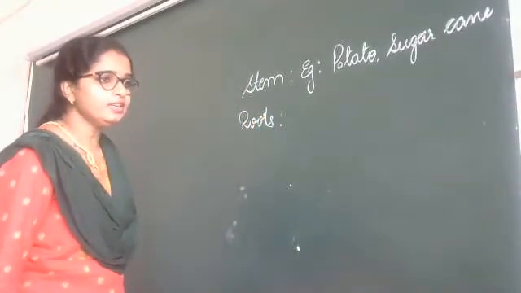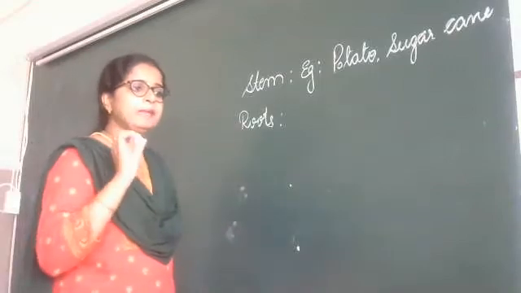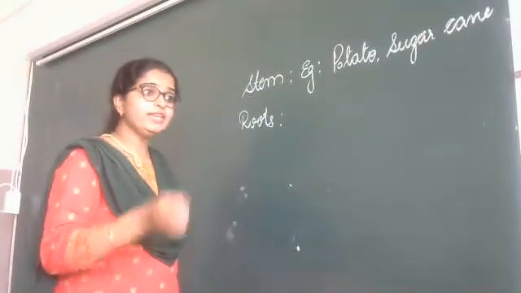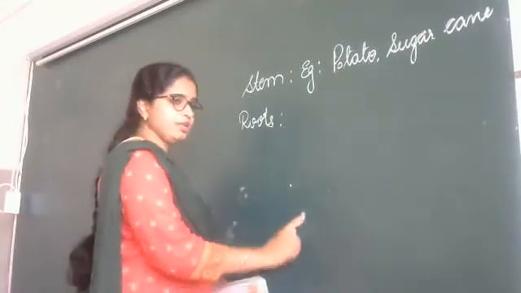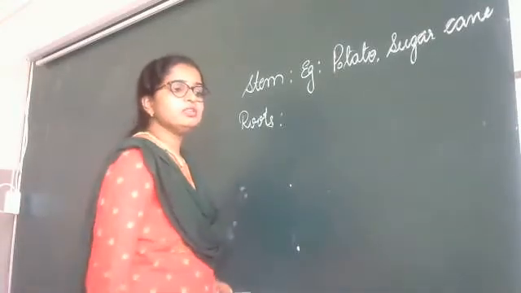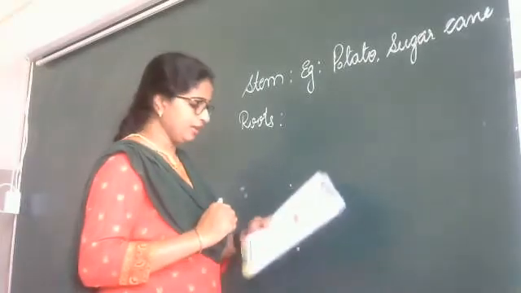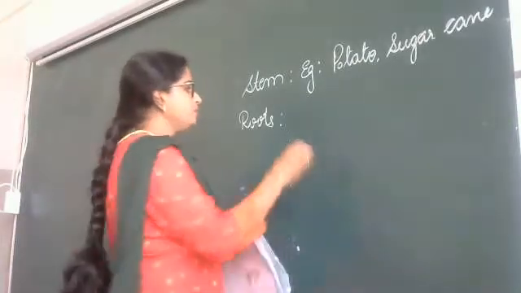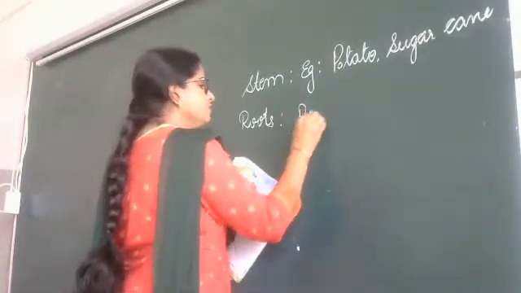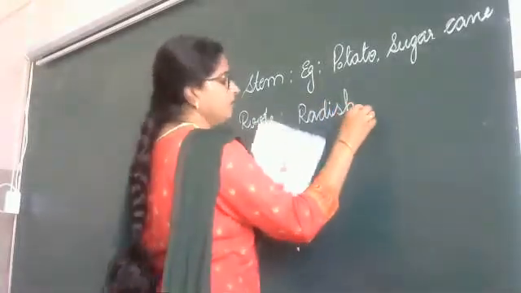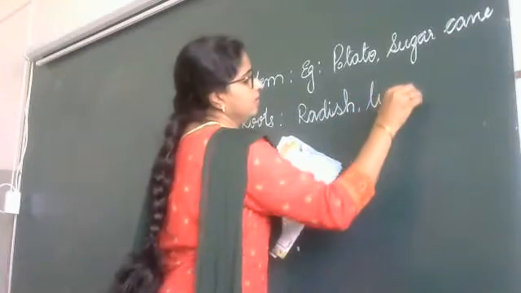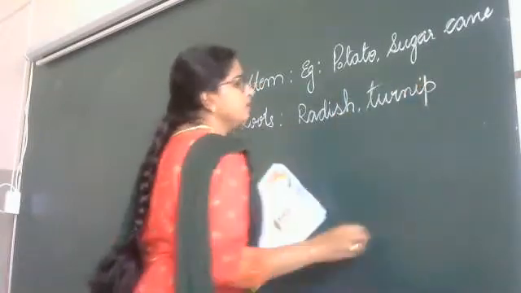Also we eat roots of the plant. Roots, where I drew down here inside the ground, that is called roots. Examples for roots which we eat are radish and turnip.